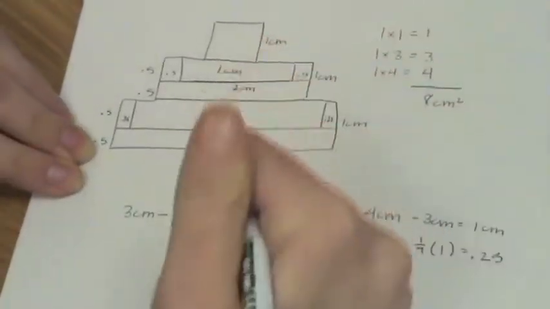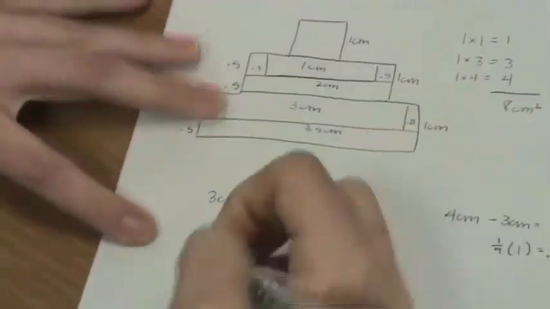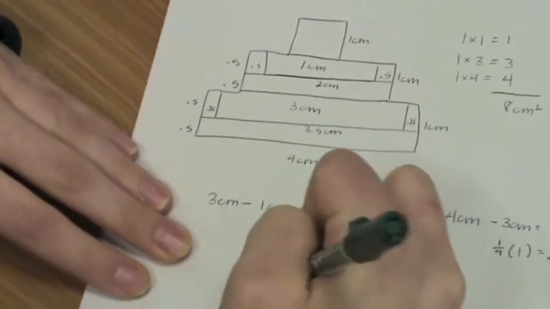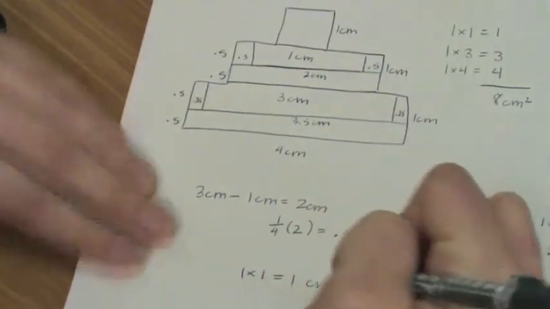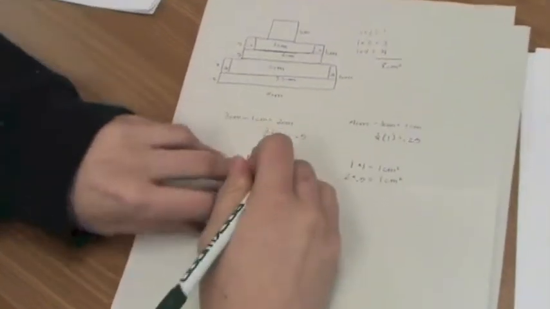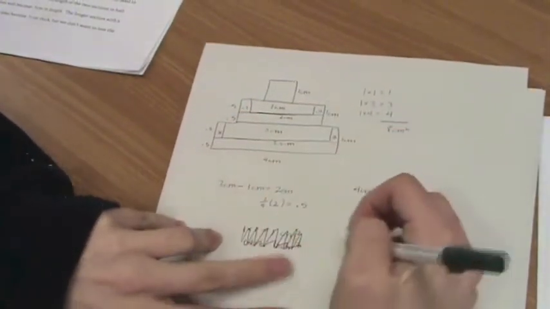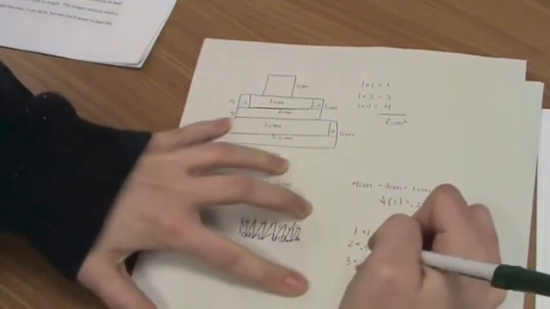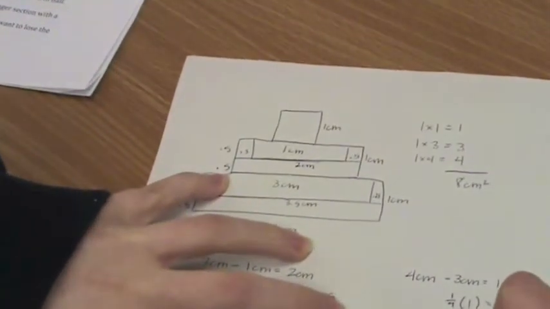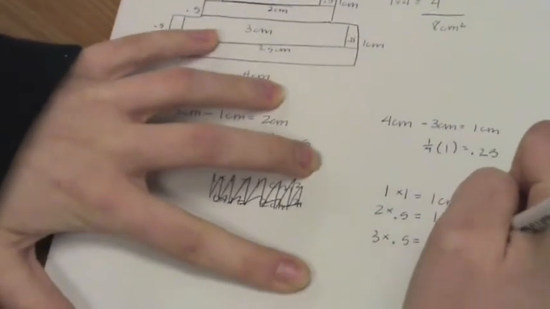So now we're going to take our new area, which is going to be 1 times 1, which equals 1 centimeter squared. The next section is going to be 3 centimeters by 0.5 centimeters to give us 1.5 centimeters squared.